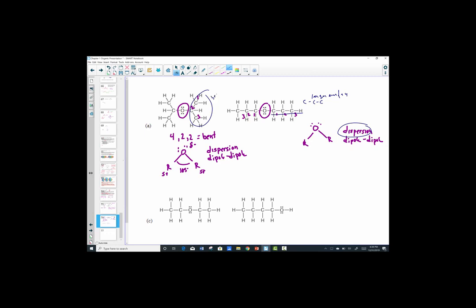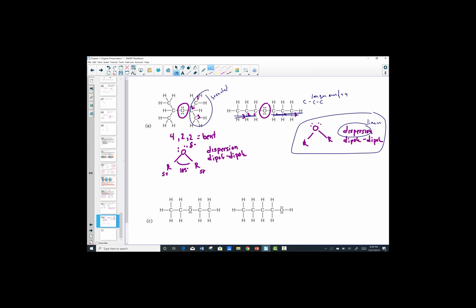Since it's branched, those molecules have less of an opportunity to interact with one another. So therefore, the higher boiling point is the linear ether. That's the functional group here. This would be dipropyl ether, and therefore this would have the higher boiling point because it has the longer carbon chain on either side of the oxygen.